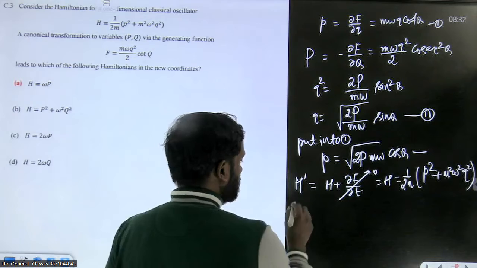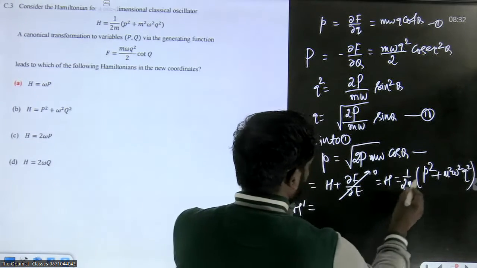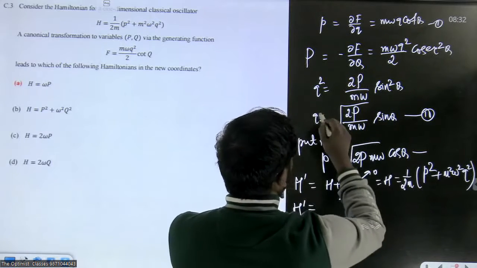Here we have h prime equal to, let's put the value of small p from here, and q from here.